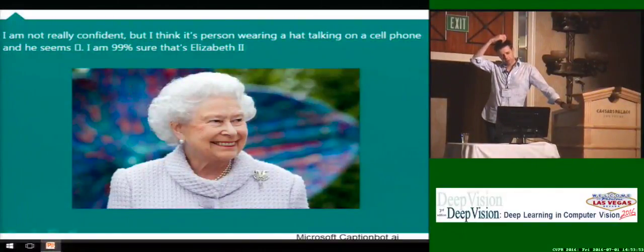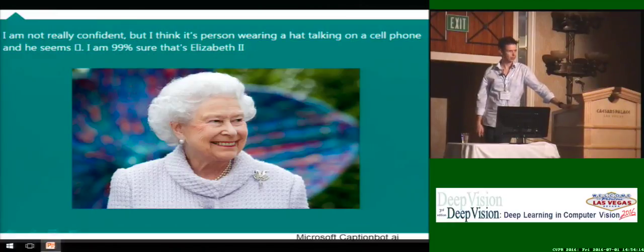This one says, I'm not really confident, but I think it's a person wearing a hat talking on a cell phone. And I guess that square there used to be a smiley face at some point. But it does say I'm 99% sure it's Elizabeth II. She is neither wearing a hat nor talking on a cell phone, but nonetheless, it kind of knows who she is.